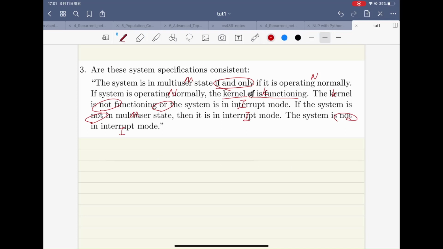Then we can rewrite it in a short form. We have M if and only if N, we have N implies K, we have not K or I, we have not M implies I, and we have not I.